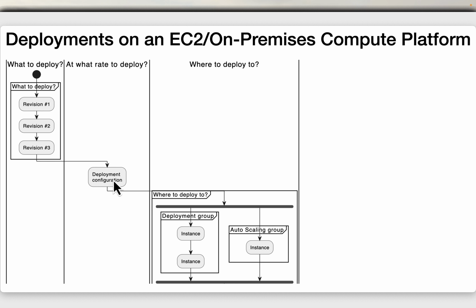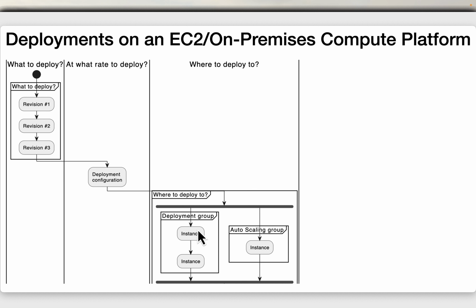As I talked about, there are three options. I'll just repeat: first is canary, where you test a small percentage; then linear, which is gradual; and all at once. Then finally you will say where to deploy.